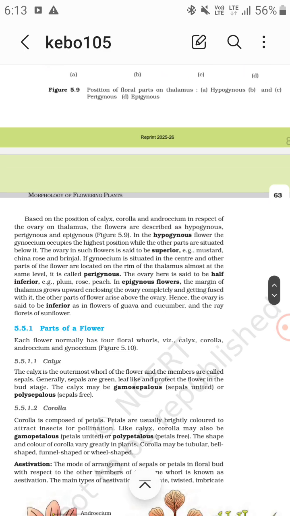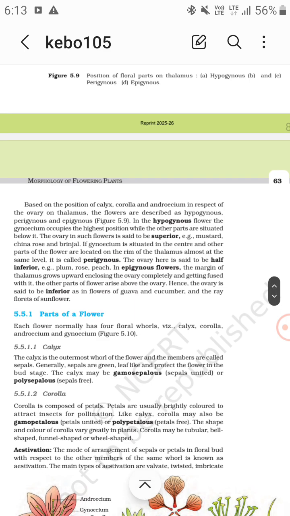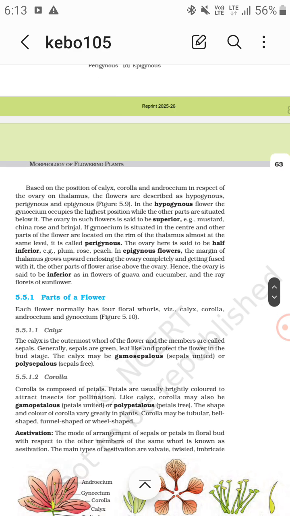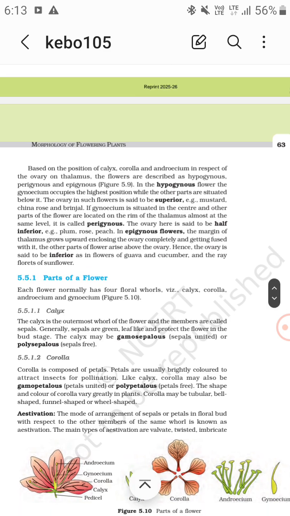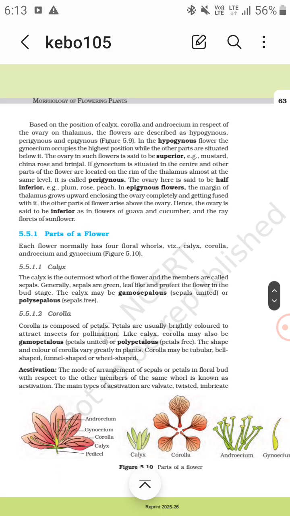The gynoecium is situated at the center, and other parts of the flower are located on the rim of the thalamus, almost at the same level. And epigynous is when the ovary is inferior, as in guava, cucumber, and ray florets of sunflower. The ovary is completely fused, and other floral parts arise above the ovary.